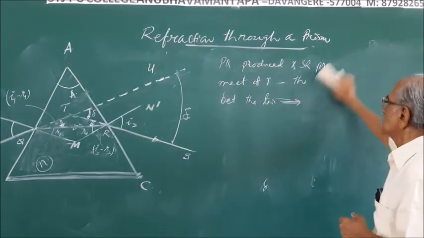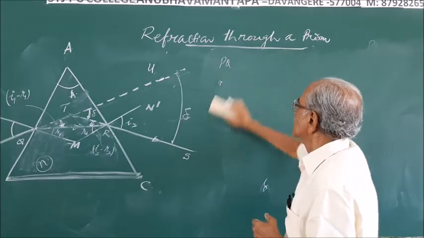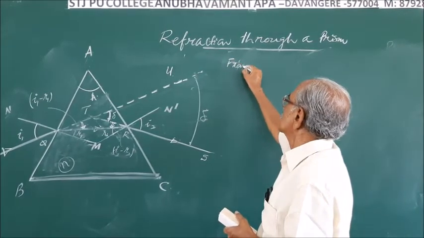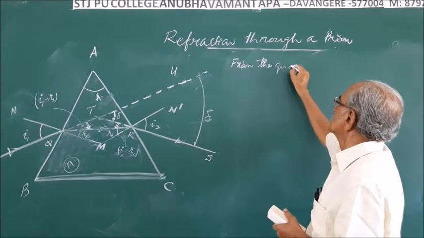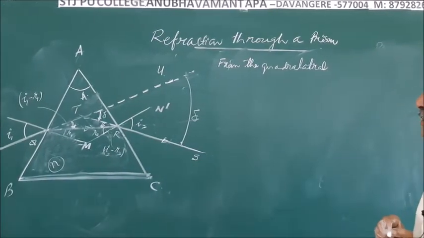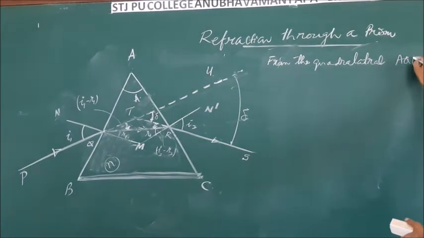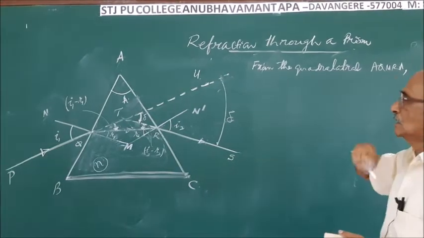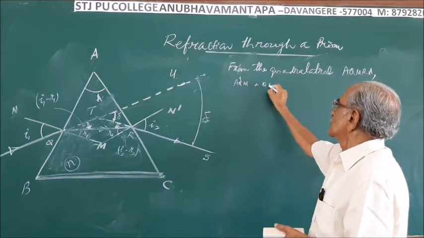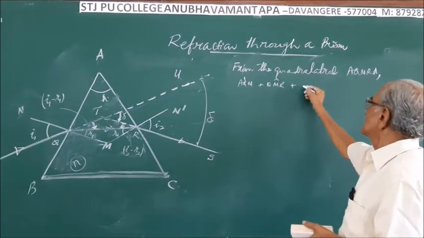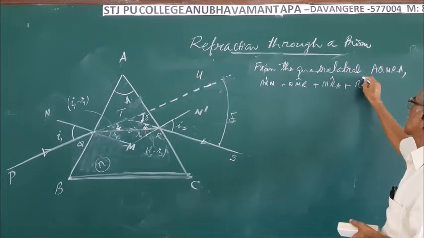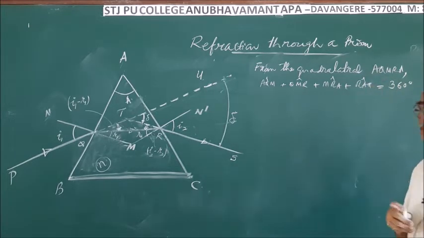Observe the figure. We have several triangles, quadrilaterals, etc. From the quadrilateral AQMR, the angle AQM, the angle QMR, the angle MRA and the angle RAQ together make 360 degrees, 4 right angles.